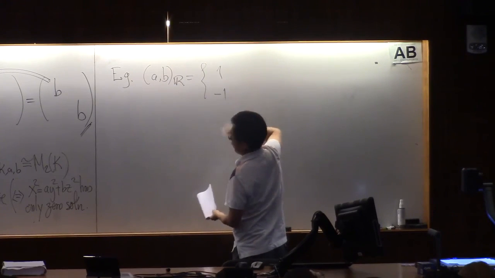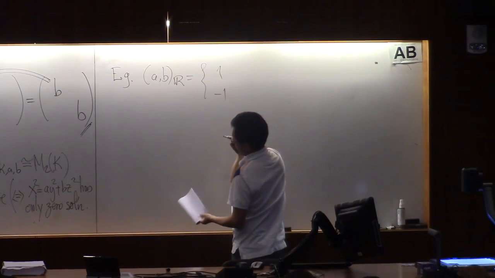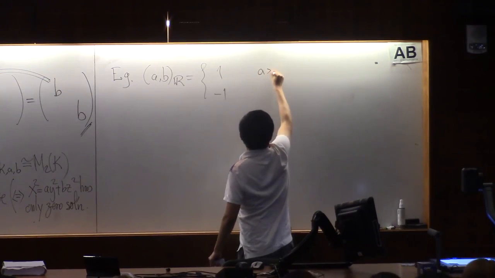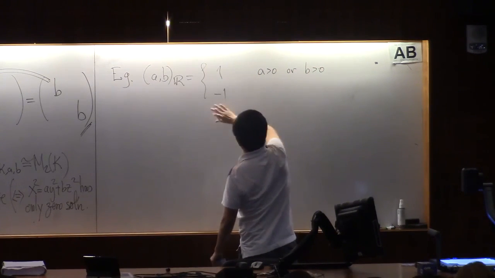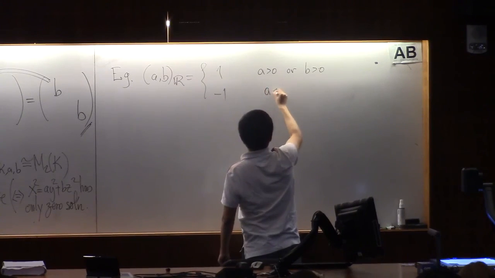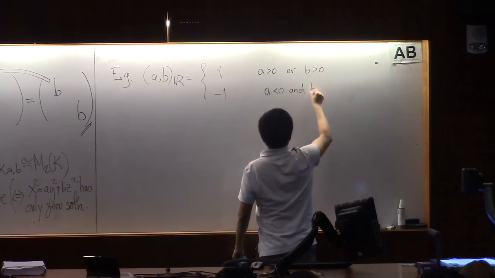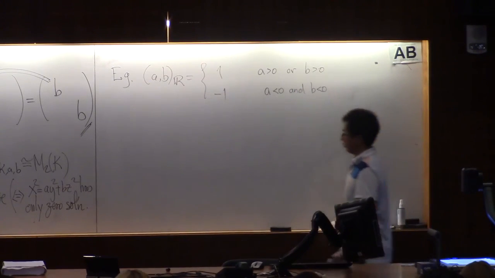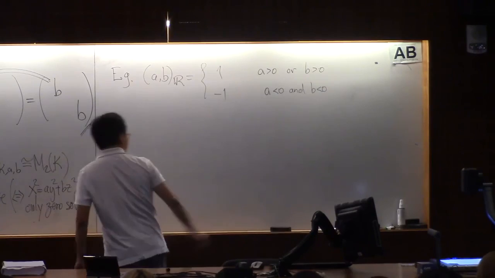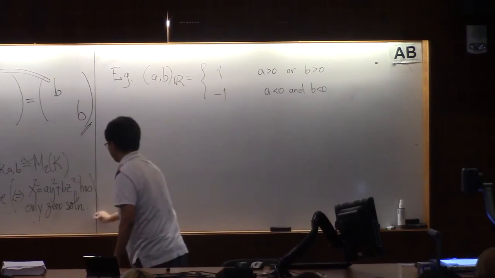We're just reminding you that the quaternion algebra is the same as the matrix algebra if a or b is positive. It's negative if both terms are negative. And let's quickly check this equivalence.